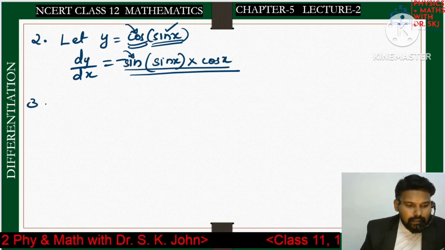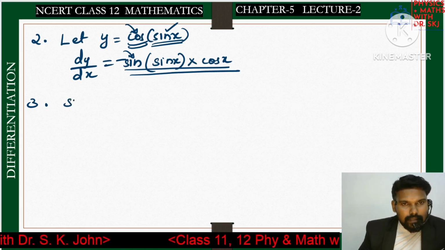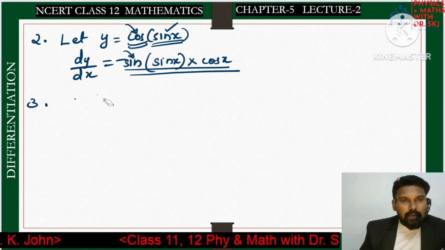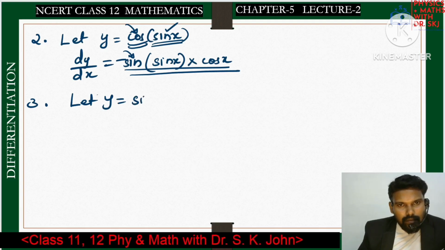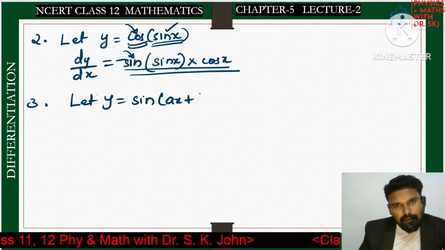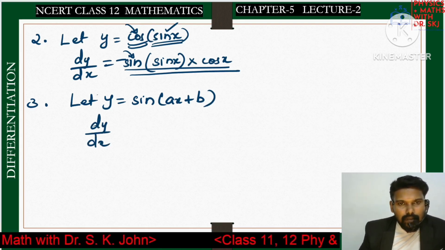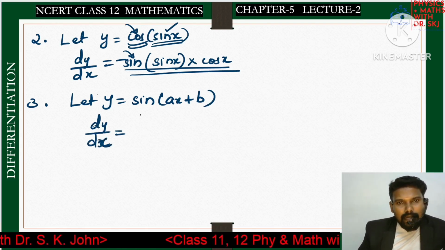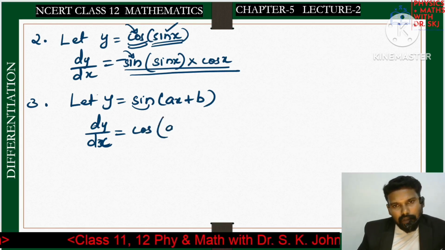Now coming to the third question in the NCERT exercise, sine of ax plus b. So I am letting that function be sine of ax plus b. What is the derivative of this function? What is the derivative of sine? The derivative of sine is cos. So you have to write cos of ax plus b.